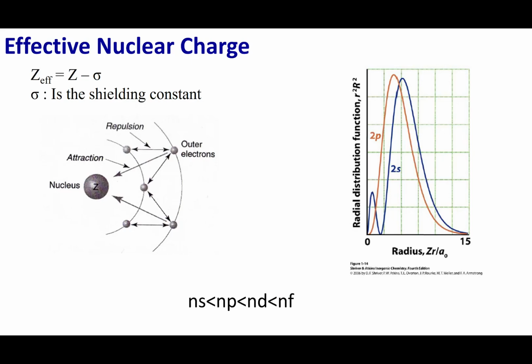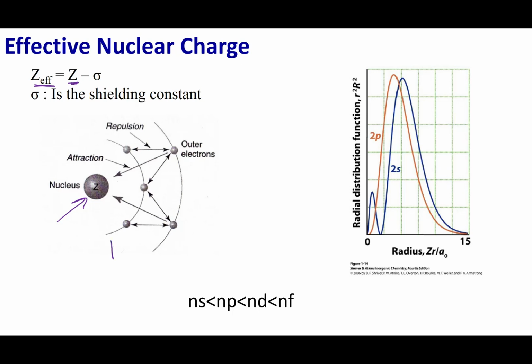The idea behind this has to do with a phenomenon called shielding. What we can talk about with shielding is first what's called the Z effective. What we have at the center of our atom is our nucleus. It's going to have a positive charge, and let's say that positive charge is Z. Now, what an electron feels is called Z effective.